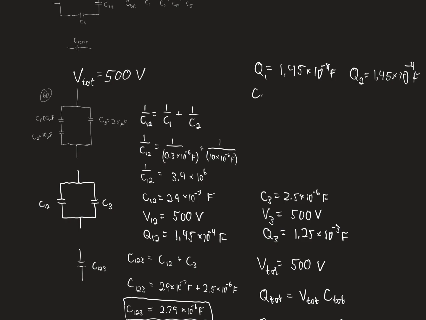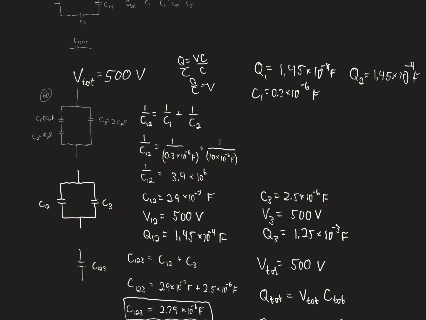I know what C1 is. C1 is 0.3 times 10 to the negative 6. Can I find V? Now I want to find the voltage. How do I find V? Yep. So I have my equation Q equals VC. If I divide both sides by C, then my voltage is charge over capacitance.